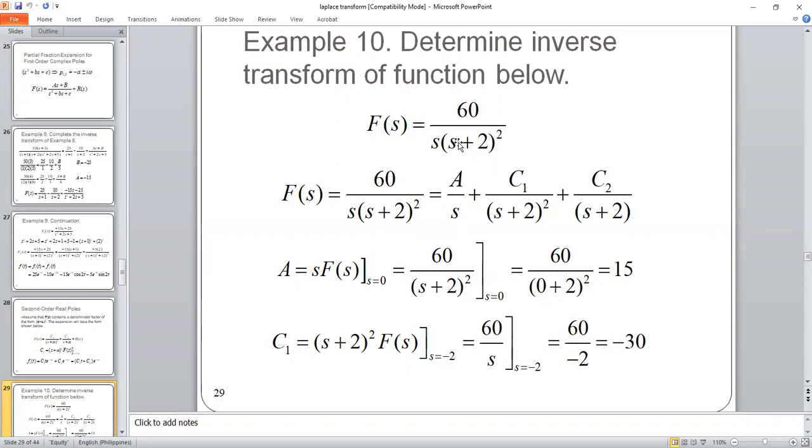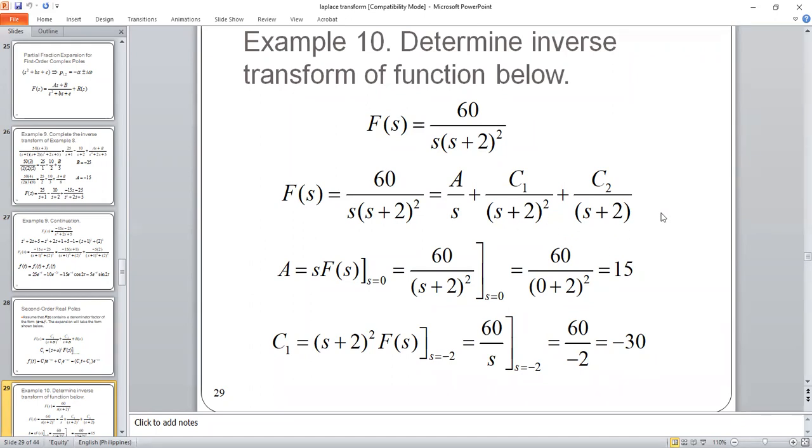Multiple in the sense that it's not just once, but twice, because it is squared. So in the method of partial fractions, how do we do it? We repeat these roots depending on the power or the exponent to which this root is raised. So if this is cubed, you should have another one here. It should be c sub 3 over (s plus 2) cubed, because you repeated it.